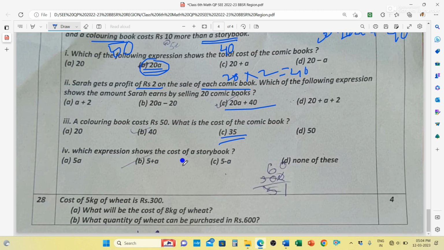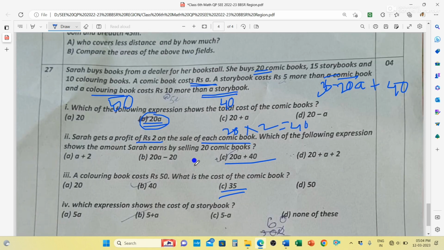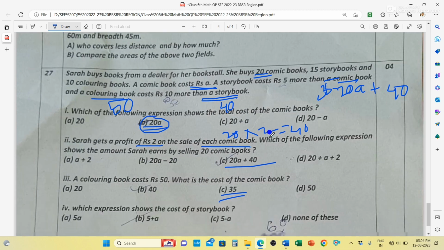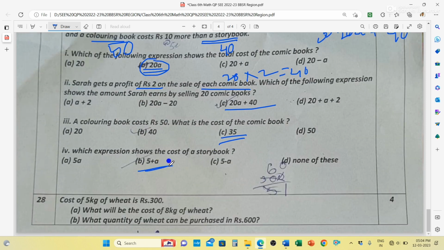Which expression shows the cost of a storybook? A storybook costs 5 more than a comic book. Comic book is A, so the storybook will be 5 more than a comic book, that means 5 plus A. Now, the cost of 5 kg of wheat is 300 rupees. What will be the cost of 8 kg of wheat? 5 kg wheat, 300 rupees.